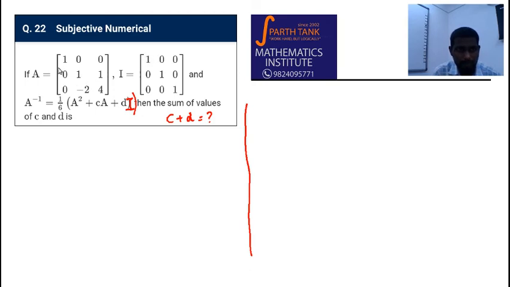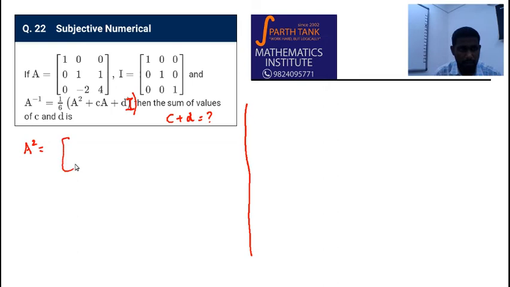So c plus d would be here, right? So if you look only at the first elements of all these matrices, the first element of A inverse, first element of A squared, first element of A and first element of D I, that is sufficient to give the value of c plus d. You did not need to do the whole matrix. Do you understand what I am saying? That is, find A squared.